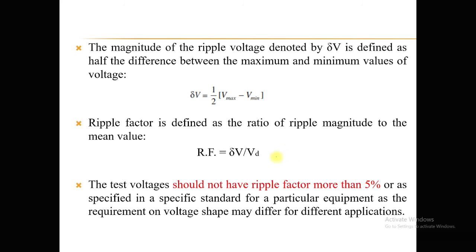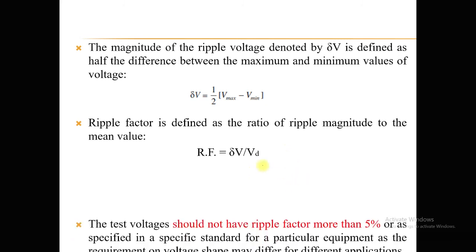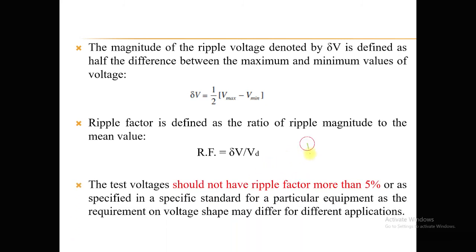So how? As you can see in the previous equation, the mean value Vd is Vm upon pi, and delta V, if the capacitor is not there, is Vm by 2. So when I take the ratio of this delta V and Vd, I get a ripple factor of pi by 2, which is comparatively large.